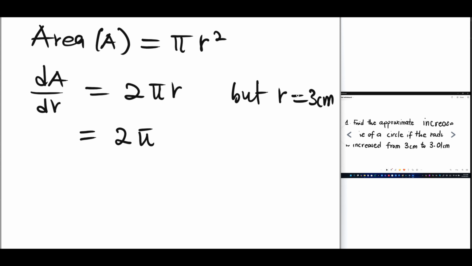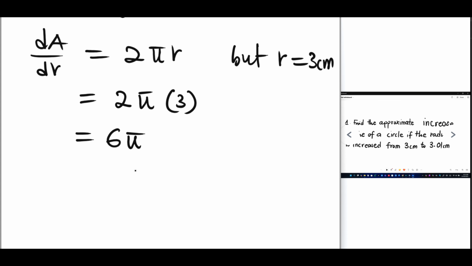Okay, so we are going to get here to be 3 centimeters, and this will give us a result of 6 pi. Okay, so our dA/dr is equal to 6 pi.